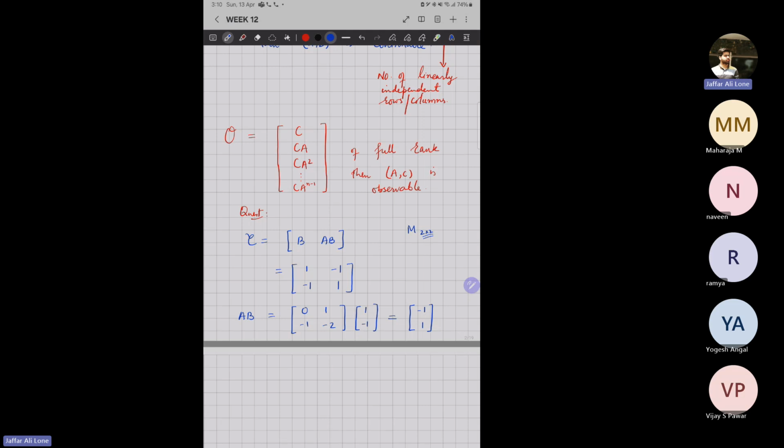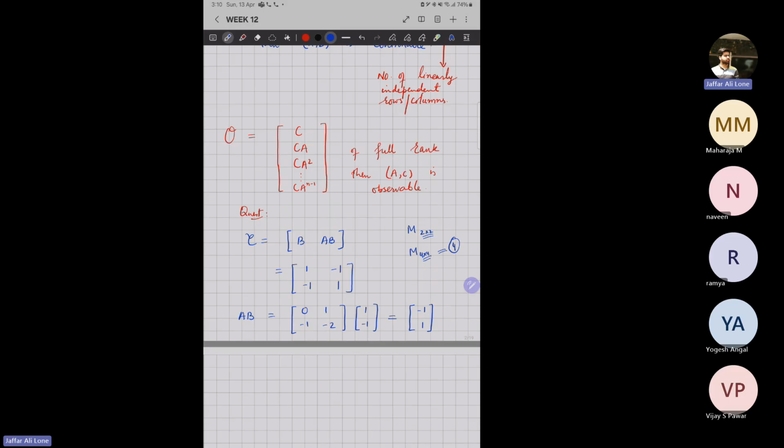If the determinant is zero, then it's not full rank. Similarly, if I have a 4 by 4 matrix and its determinant is non-zero, it's of full rank, the rank is 4. But if the determinant is 0, the rank is less than 4. It can be 3, 2, or 1, right? Similarly, here in our case, we have a 2 by 2 matrix.